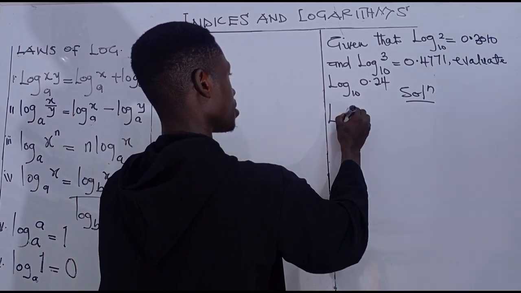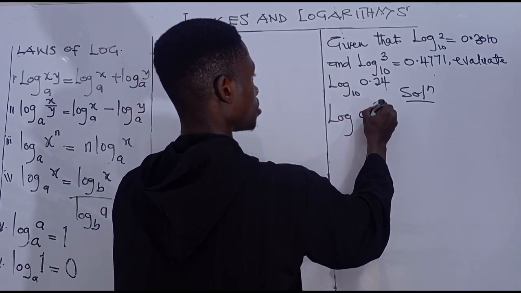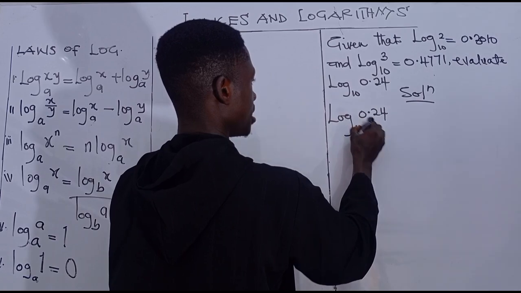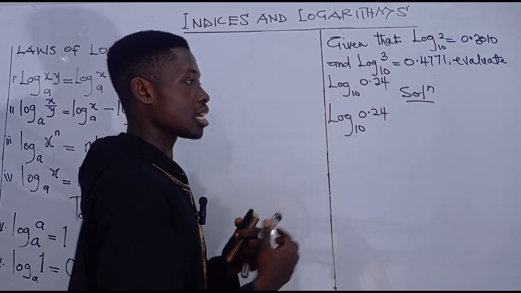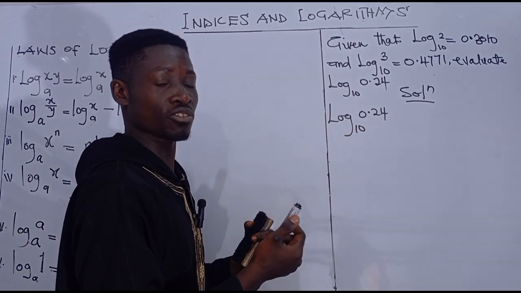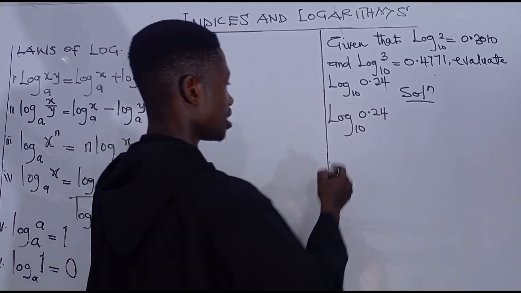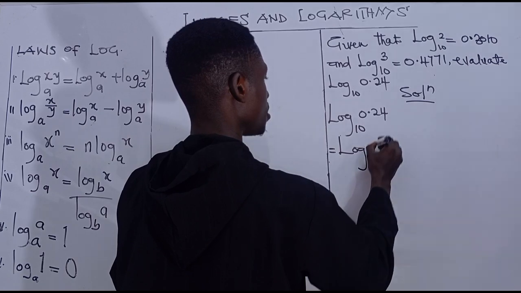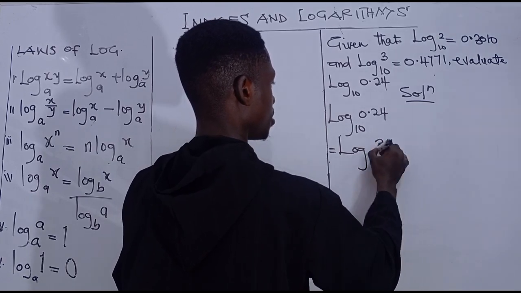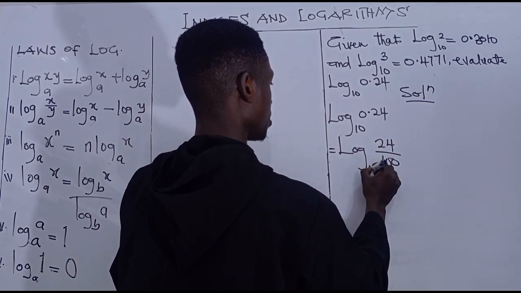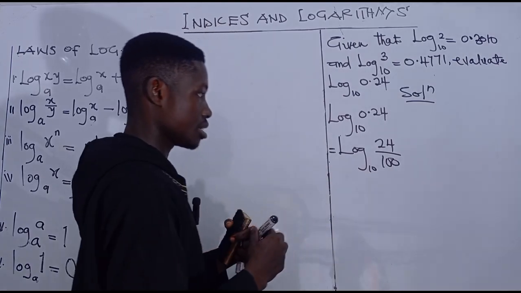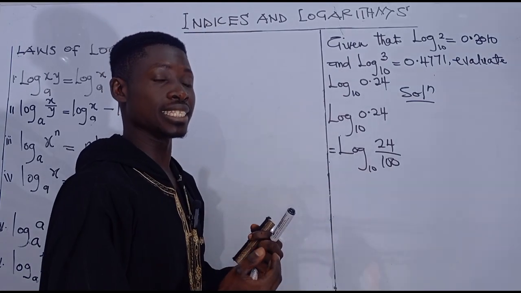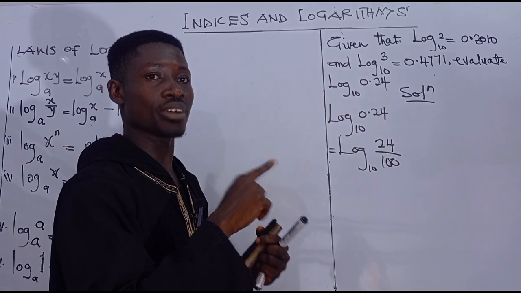So we have log of 0.24 to the base of 10. We know that 0.24 can be written in fraction form as 24 over 100. So from here, we can apply the division law for logarithm.